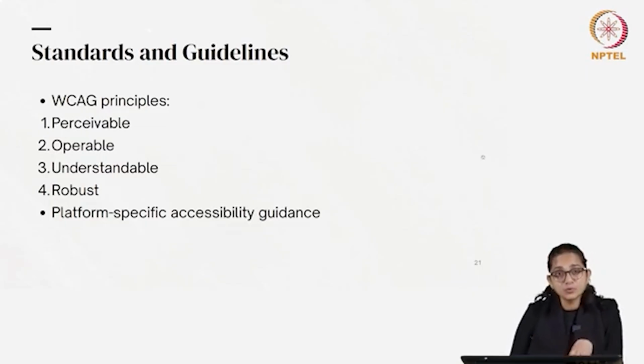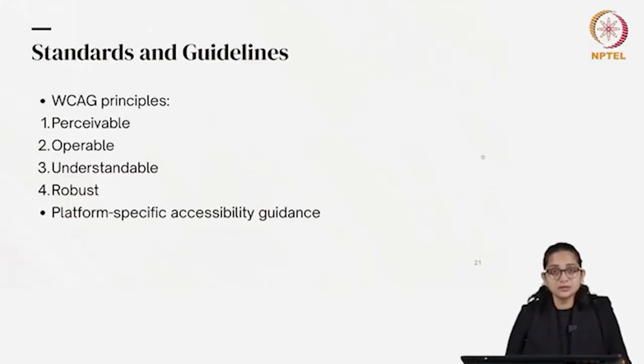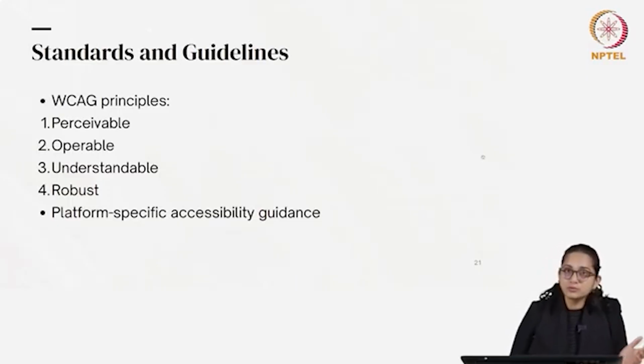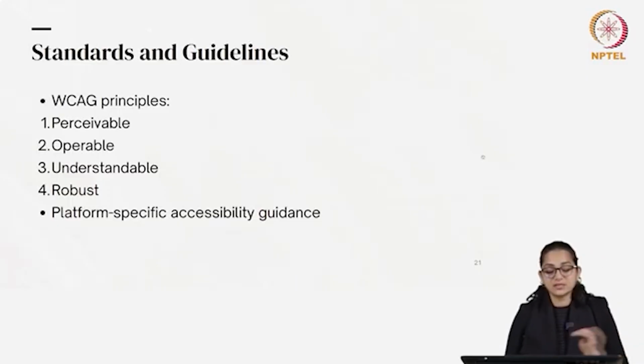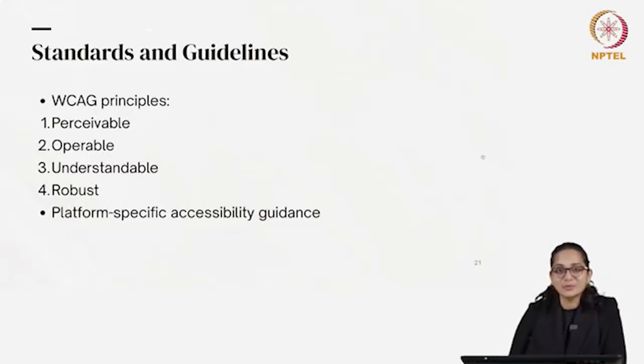We have spoken in depth about each category in one of the earlier sessions. You can go back to that session and revise it, because this is one important aspect which is coming up again and again. WCAG is something you should be thorough with by the end of the course.